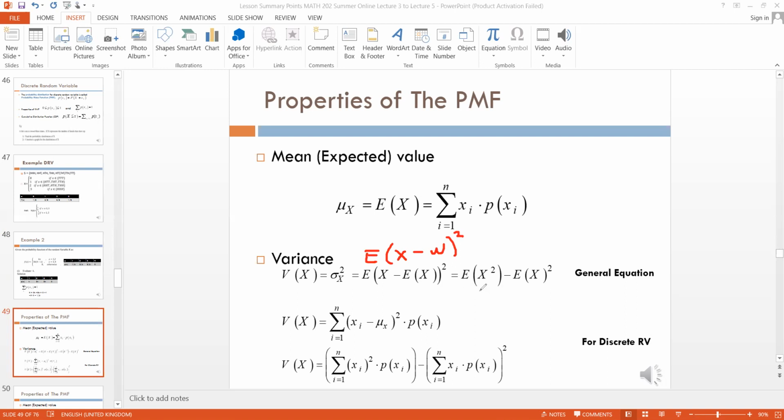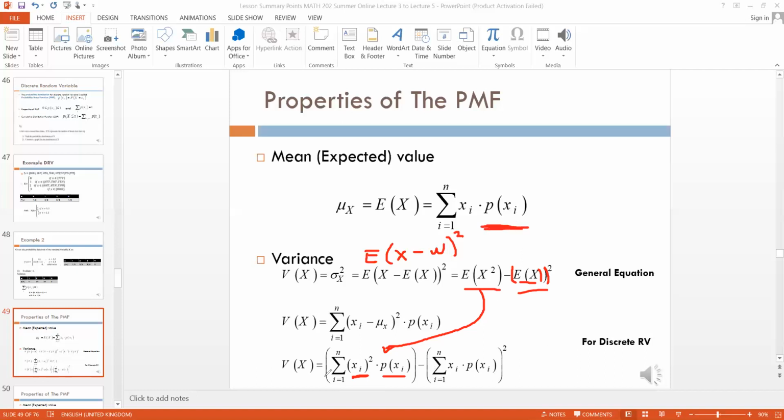Expectation of x squared is going to be like this. It's just like finding the expectation of x, but this time you have to square the x and multiply by their probabilities. But for this component, it is the same expectation of x, which should look like this, expectation of x all squared. The expectation of x is what we have up here, which is the summation of xi times p of xi.